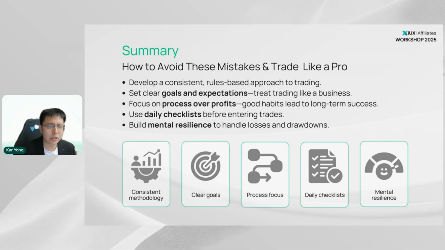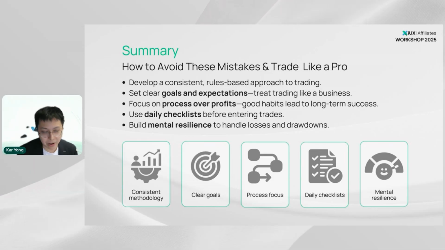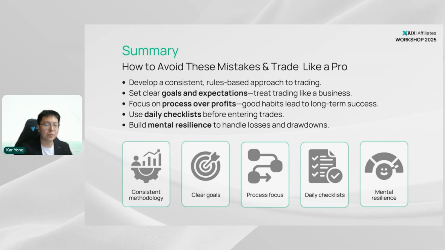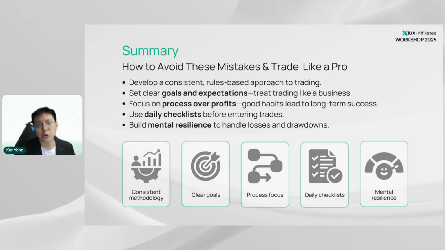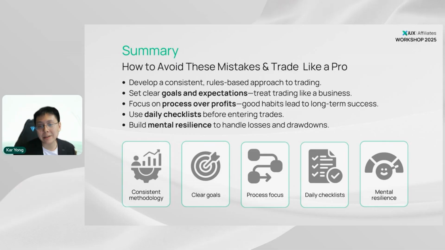A lot of times traders treat trading as a casino environment, right? You come in, you just buy based on what you feel, you just sell based on what you feel, you just exit a trade because you're afraid of it losing, or you can't move your stop because you don't want to take the loss. All these mistakes pile up and accumulate in such a way that it will have a very big detrimental effect on your trading journey.